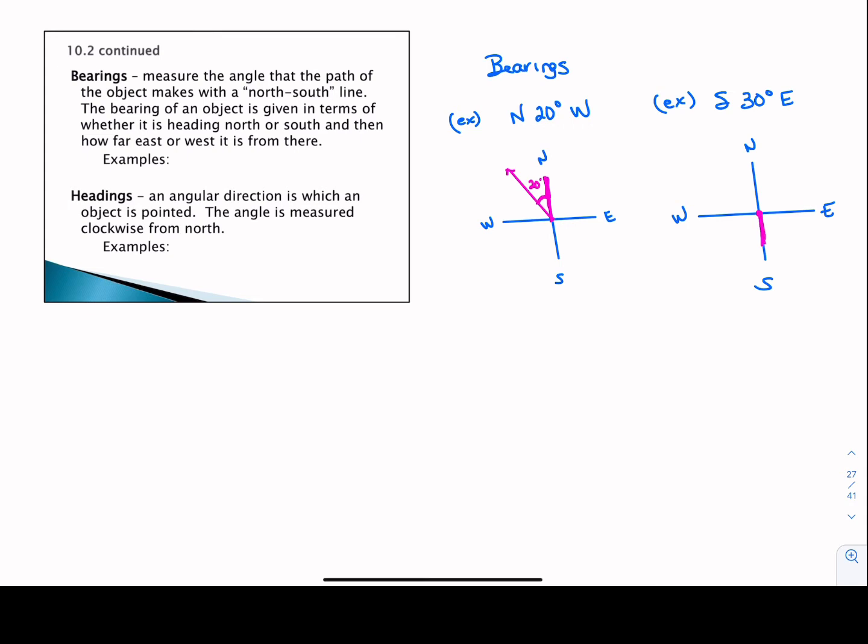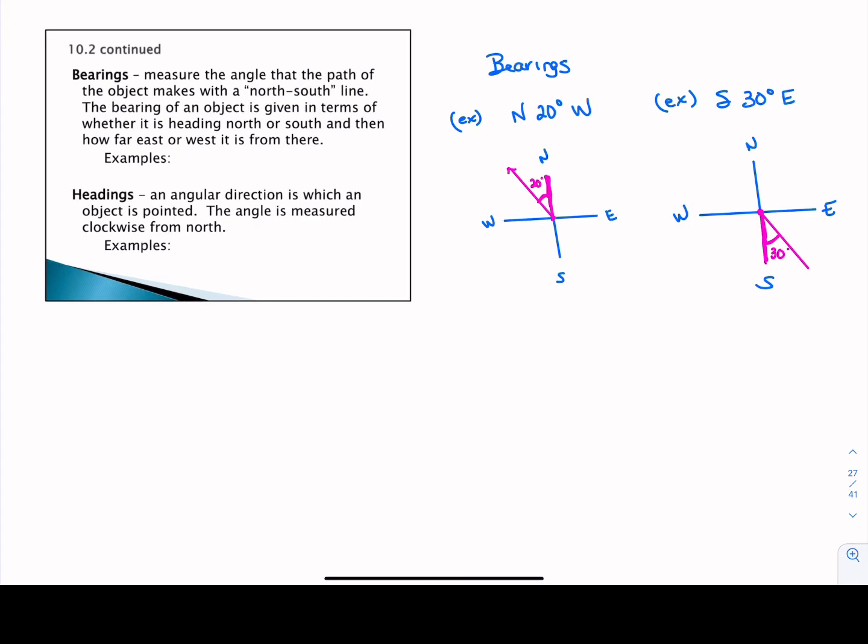So the east in this case means we're going to drag our pencil to the right. So if I drag my pencil to the right and sort of imagine I've created a 30-degree angle in that spot, we want to make sure that 30 degrees is marked between that north-south line and my new direction of travel. So this is how we would properly label and draw out specific bearings.